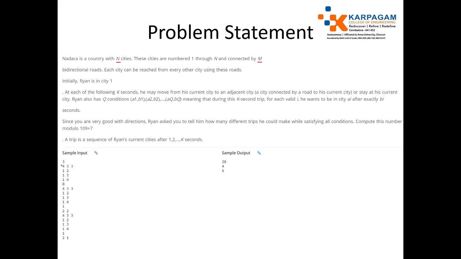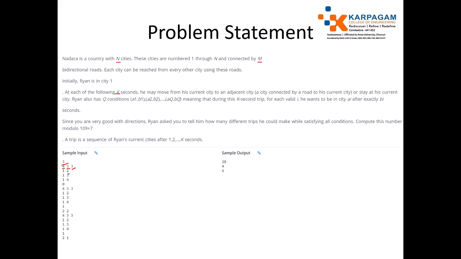Here, 3 is the number of test cases. The first value in the second line is the number of nodes. This is the number of edges. This is the seconds, that is k seconds. Here I represent the values that show which node is connected with which node.